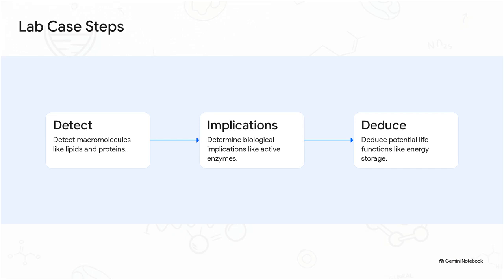What does that actually imply biologically? Well, lipids mean we've got cell membranes present. Proteins mean we've got active enzymes ready to do work. Finally, step 3, we deduce the actual life functions. Thanks to those lipids, this organism can handle membrane transport and store energy. Thanks to the proteins, it's doing enzymatic reactions and cellular regulation. We just went from basic chemical swabs straight to biological capabilities, just by strictly following the evidence.